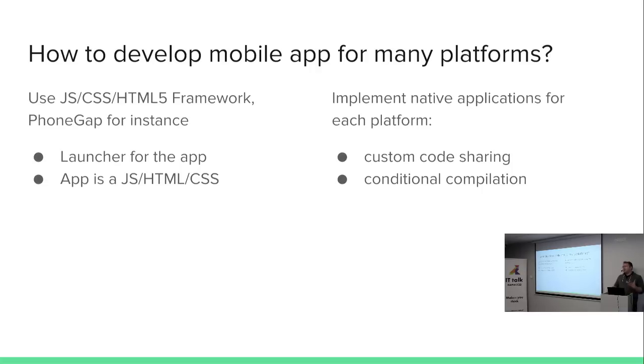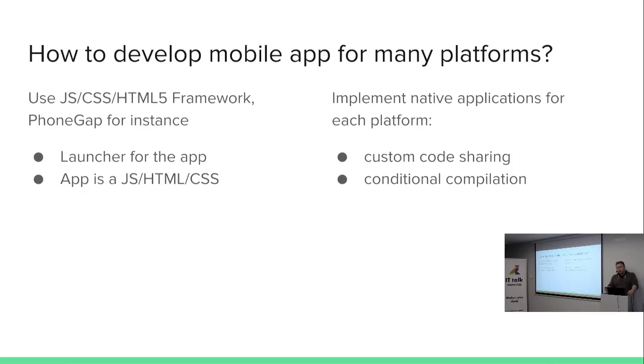PhoneGap is not a framework itself; it's a framework plus several tools which help you to develop, but I consider that as a JS framework. How does it work? It's just a launcher, which launches your application in a WebView, and what you're actually doing is coding in JS, and it shows in a web view. So you are basically developing a web application.